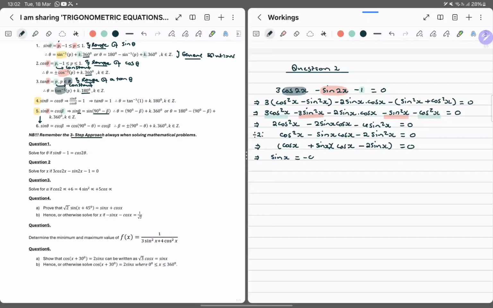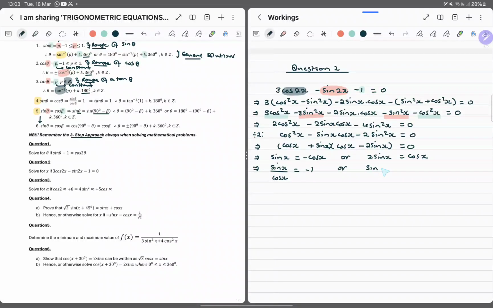So sine x is going to be equal to minus cos x, or 2 sine x, just think of it when we just transpose, this is going to be equal to cos x. Easy. Now, we know that we can divide by cos x on both sides, so I'm not going to even write that step. Sine x over cos x is going to be equal to minus 1, or here we are forced to divide by 2 cos x.